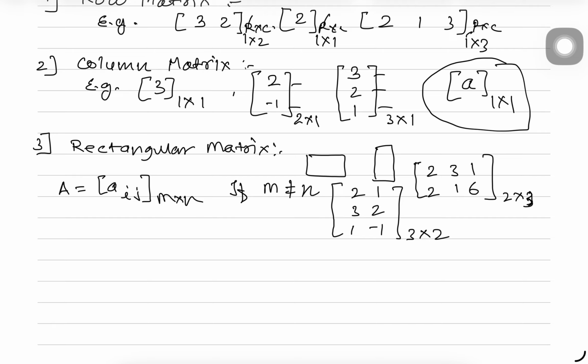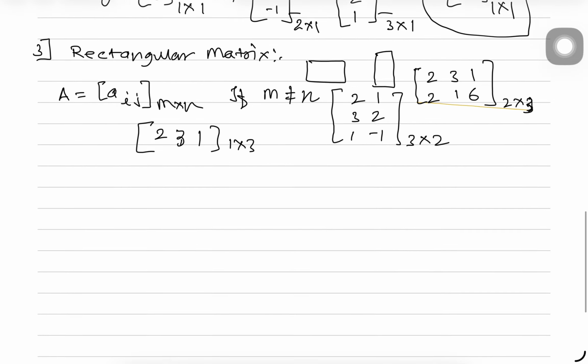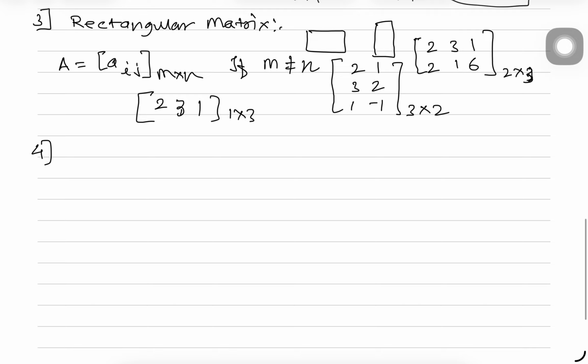And 1 cross 3 also comes under this topic, that is 2, 3, 1. This is a 1 cross 3 order. Okay. Next, the fourth one, square matrix.